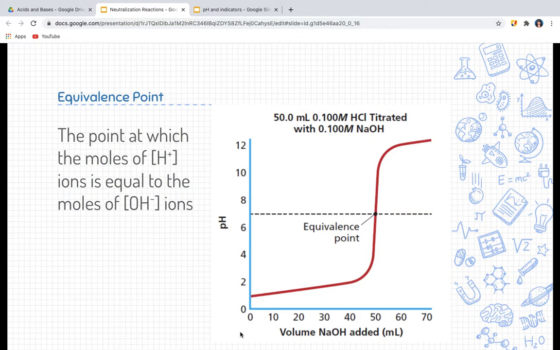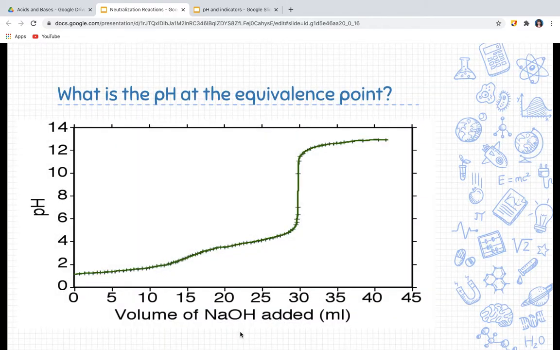An important part of a titration is what's called the equivalence point, and that's the point at which the moles or the concentration of hydrogen ions is equal to the concentration of hydroxide ions, and that occurs at a different pH for different titrations.